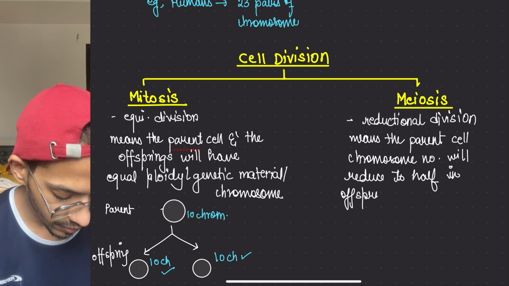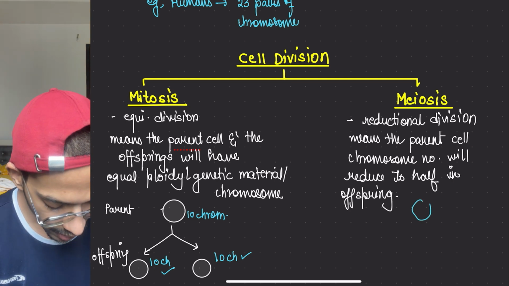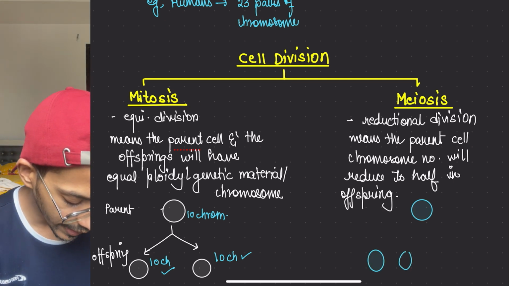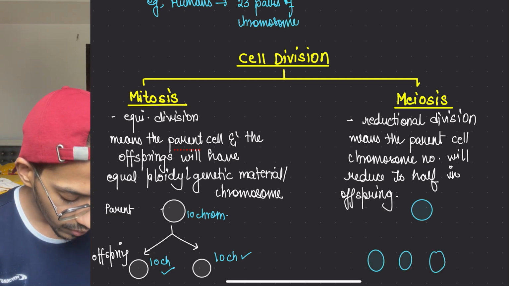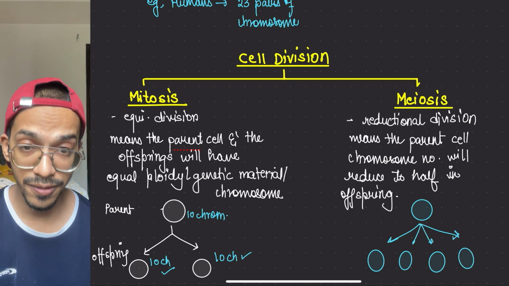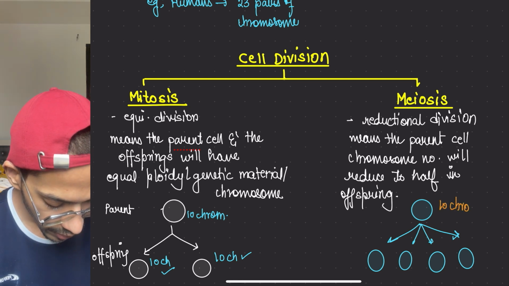Let's see that with the help of a diagram. This is the parent. Here there will be 4 offspring. How that happens we will learn later. So I made 4 offspring from one parent. And now if the parent has 10 chromosomes, then each of them will have 5.